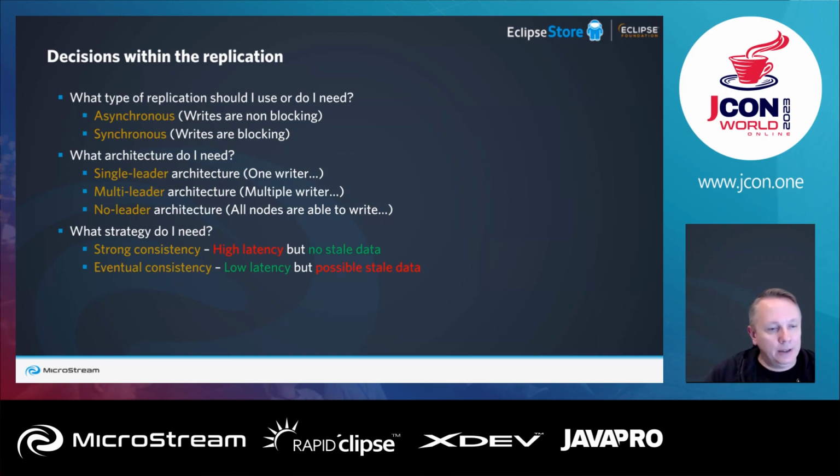What strategy regarding strong consistency and eventual consistency? That's why we already talked about async and synchronous. On the async variant, we mostly have to deal with eventual consistency.